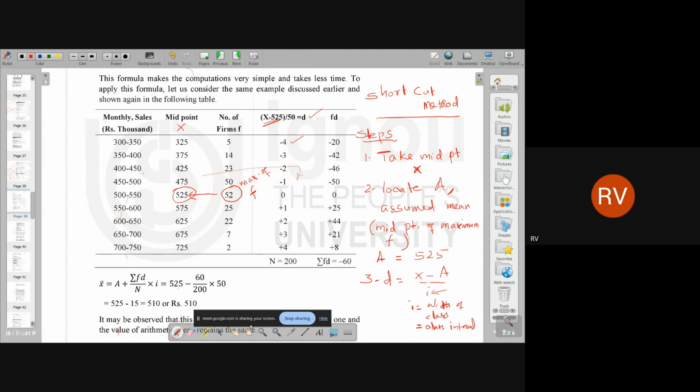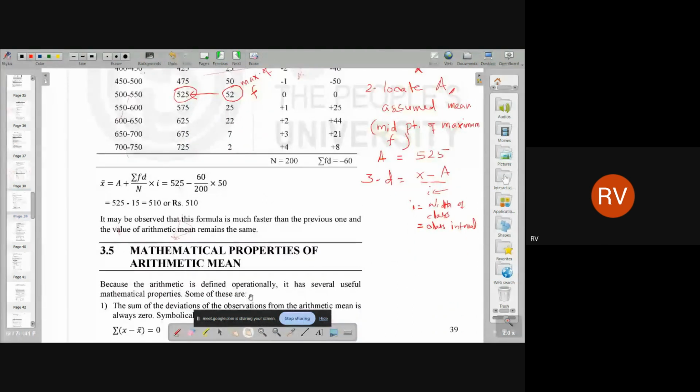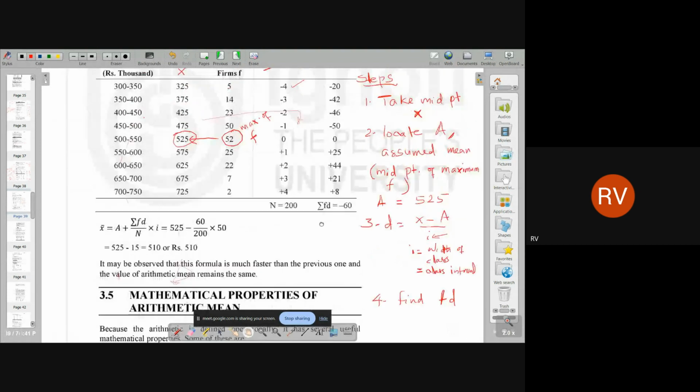The fourth step is to find fd. To recap: first step, take the midpoint of x.